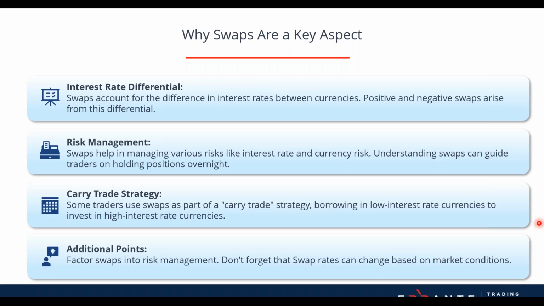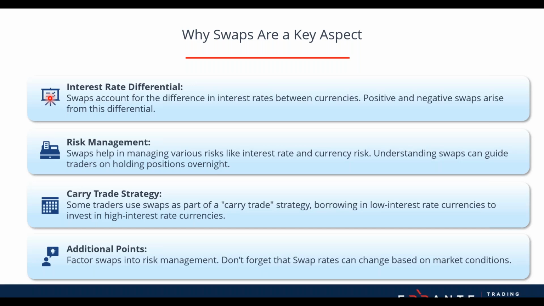First off, interest rate differential. Swaps essentially account for the difference in interest rates between two currencies in your pair. You can either earn or pay based on this differential.